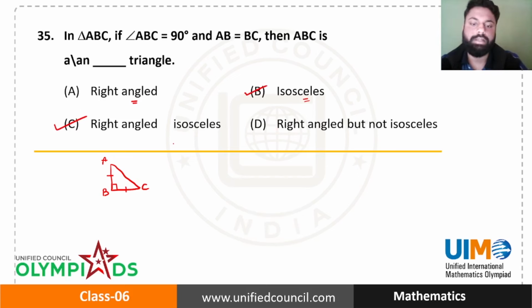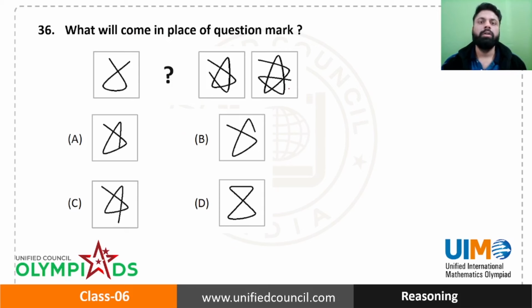This is how we can solve. Here is the first question. What will come in place of question mark? So see, if we look at the common part at these two, first of all observe this part, that is your part number 1. Then it is coming like this.